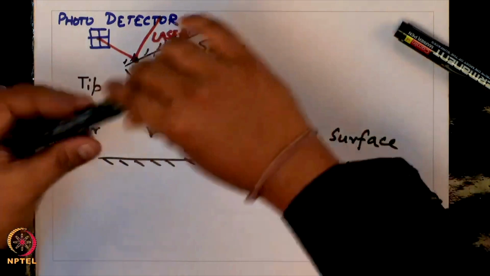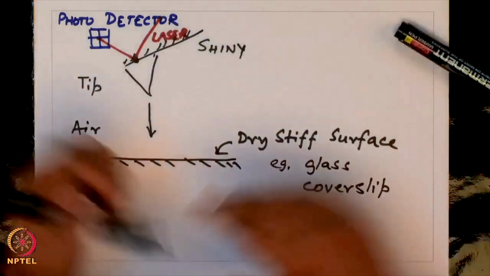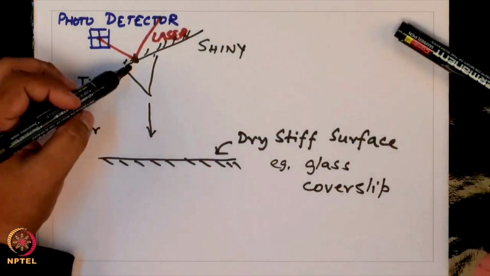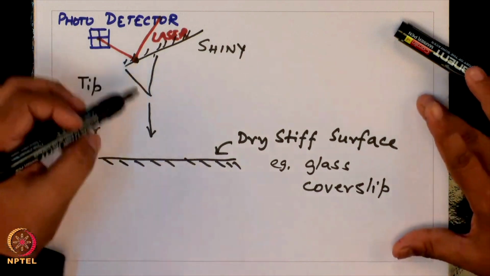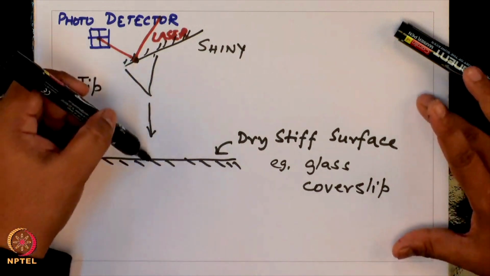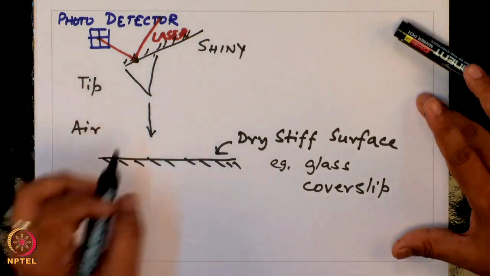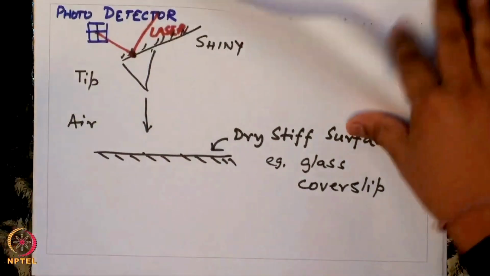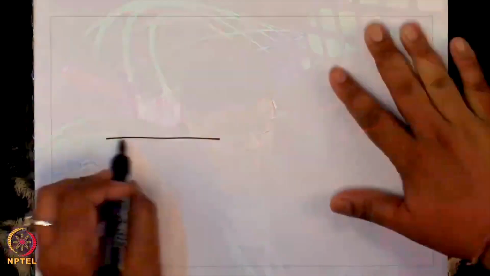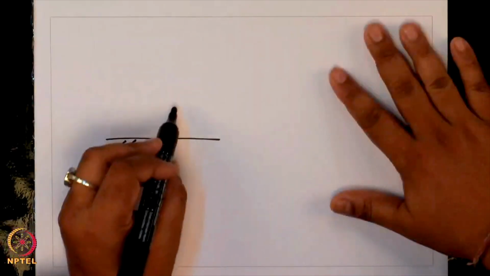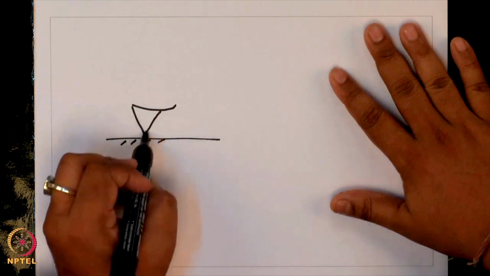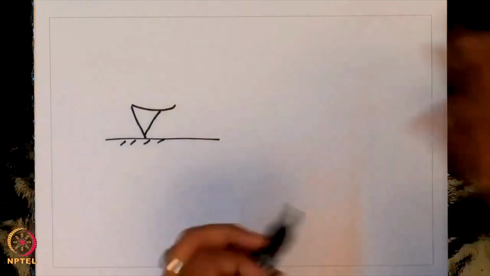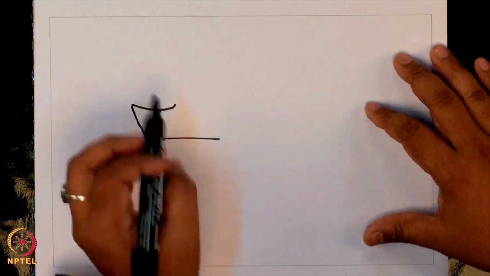So, when the tip is moving through air, the tip does not deform, right, because it does not touch anything. But as soon as it touches the surface, the tip deforms. So, when it comes and touches the surface, you have deformation of the tip.